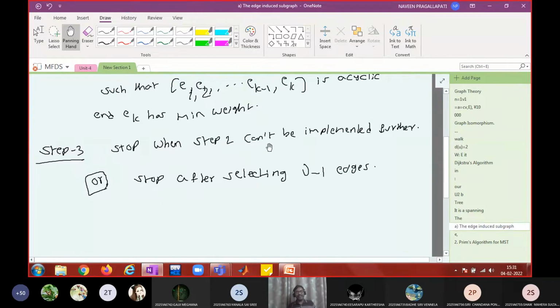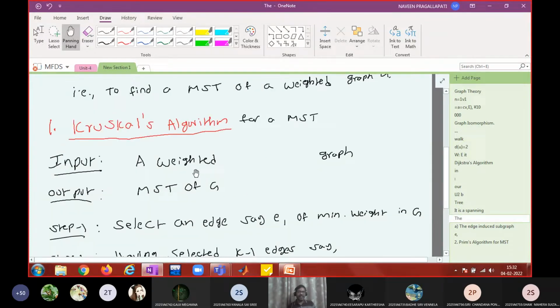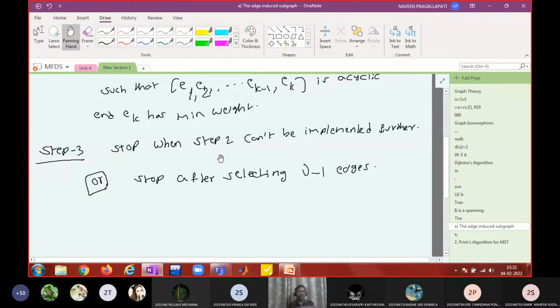If the number of edges is not equal to n minus 1, that means MST does not exist. Minimal spanning tree does not exist. Is it clear? If you are implementing this just for a graph, we don't know whether it is a connected graph or disconnected graph, but you are trying to construct a minimal spanning tree.